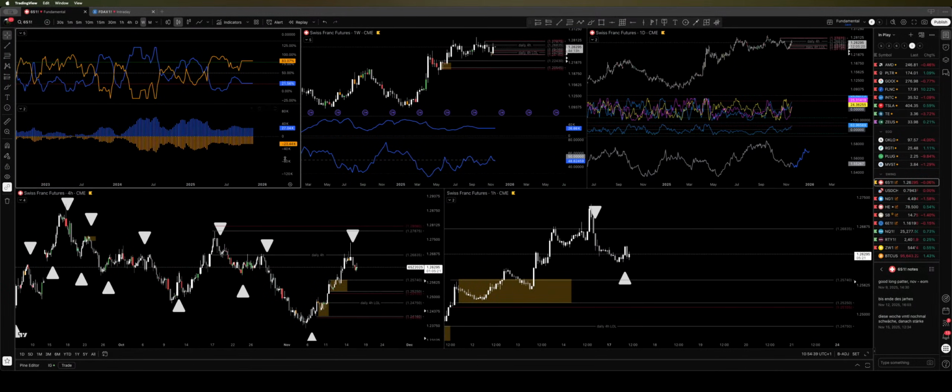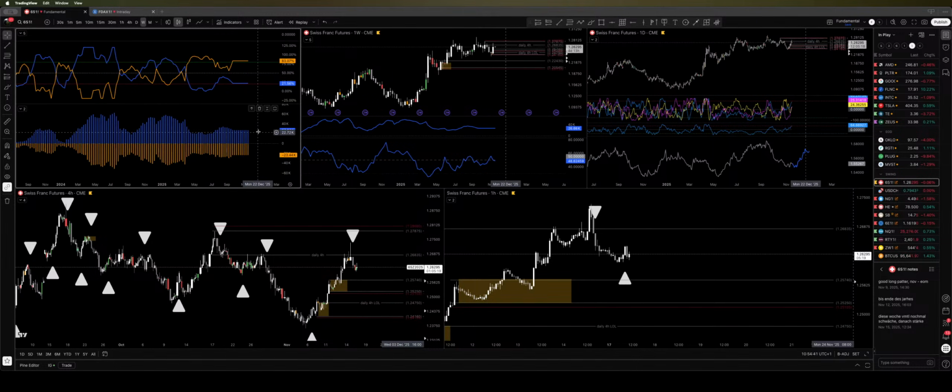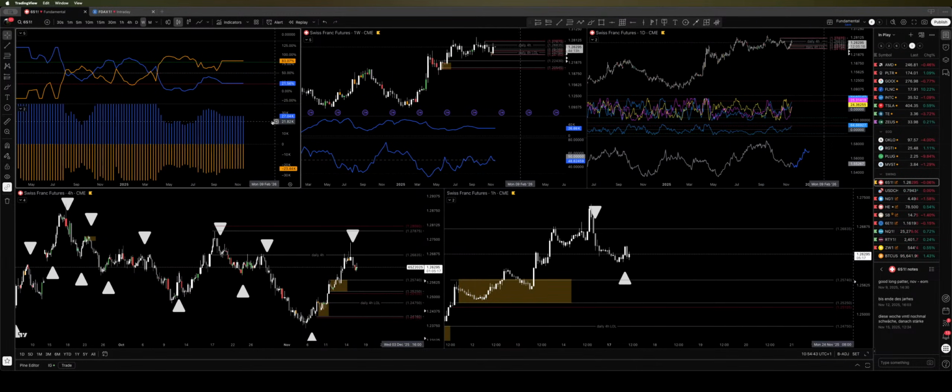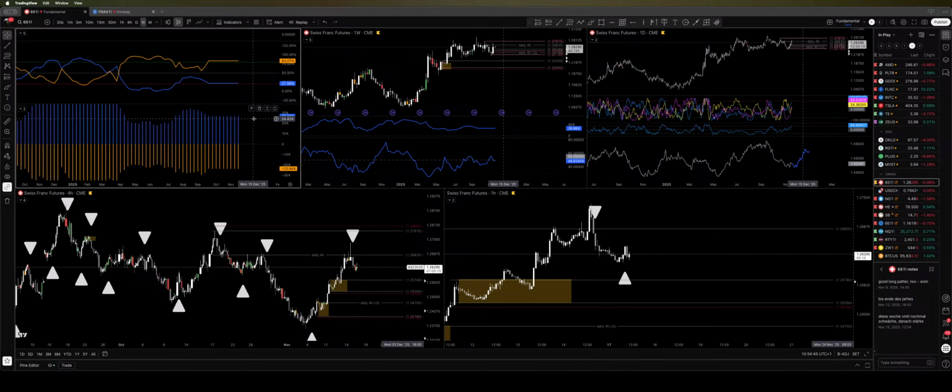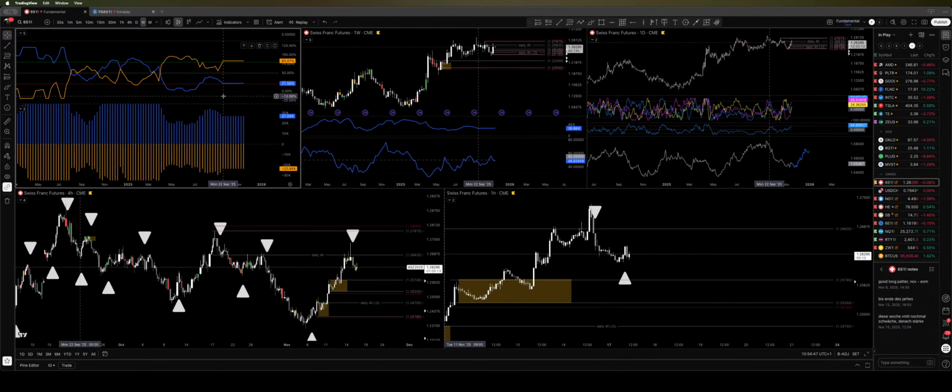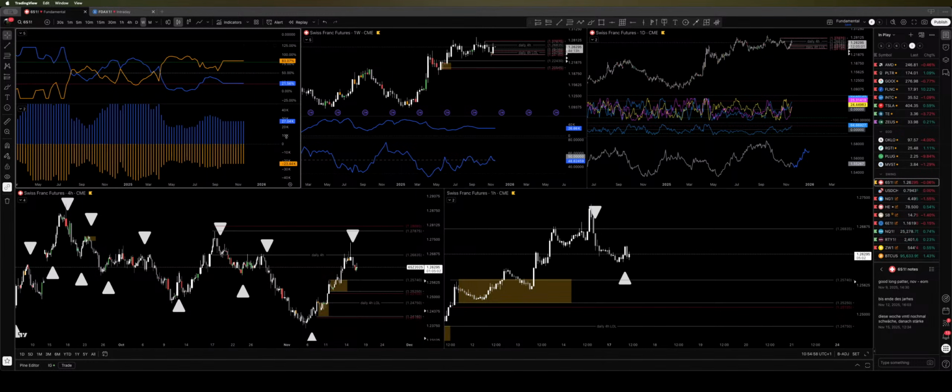I use some kind of data here, like the COT report. I like it, but as you know, we don't have any data for like 1.5 months already. But yeah, it's coming back sooner or later.